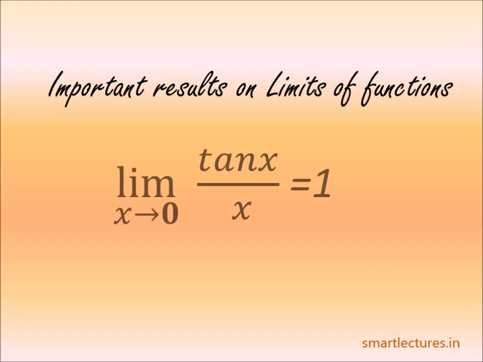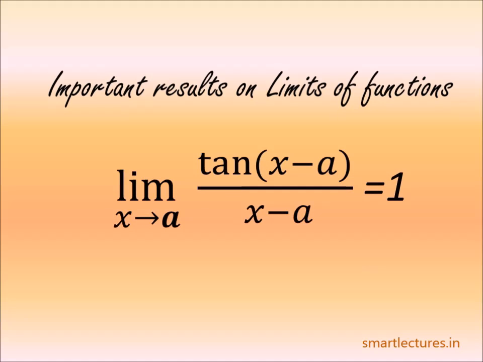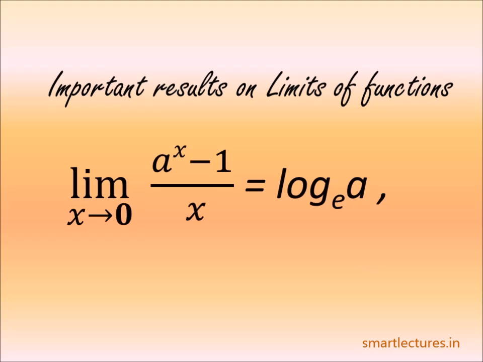Also remember, in the previous class you learned that the limit as x approaches 0 of tan x upon x is equal to 1. Similarly, the limit as x approaches a of tan of x minus a upon x minus a is also equal to 1. The limit as x approaches 0 of a to the power x minus 1 upon x is equal to log of a to the base e, where a is greater than 0 and a is not equal to 1.